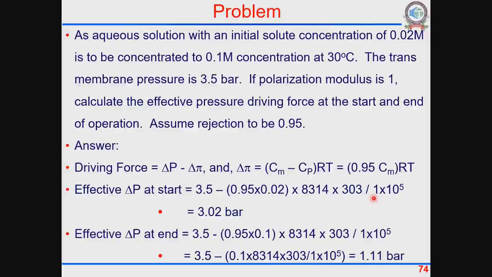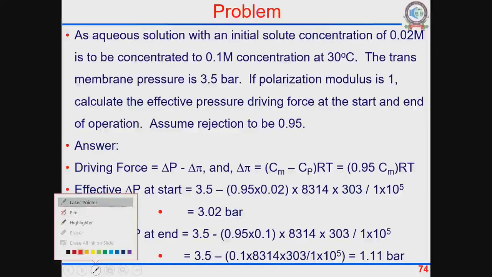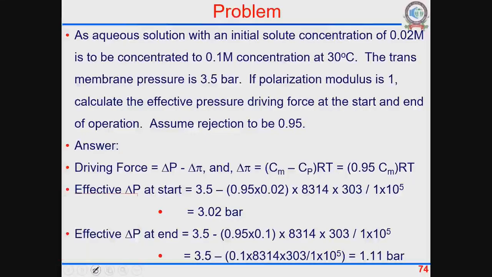Similarly, if you put in all the values, you will find that the effective delta P at the end of the operation is 1.1 bar. So you will find that just by this change as we are concentrating in the membrane, we are having an effective pressure difference which is reducing by a factor of 3. So at the start and end, if we are doing a batch operation, the effective pressure driving force will reduce with respect to time.